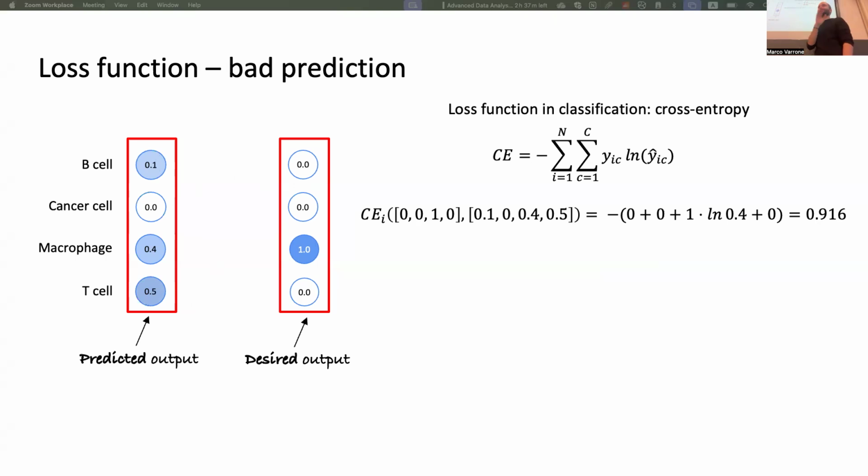You can say whatever you want. You're not going to be judged. Do you think it's a problem? That regardless of the value of the probability for B cells, cancer cells, and T cells, this doesn't impact the loss at all. Yes or no?